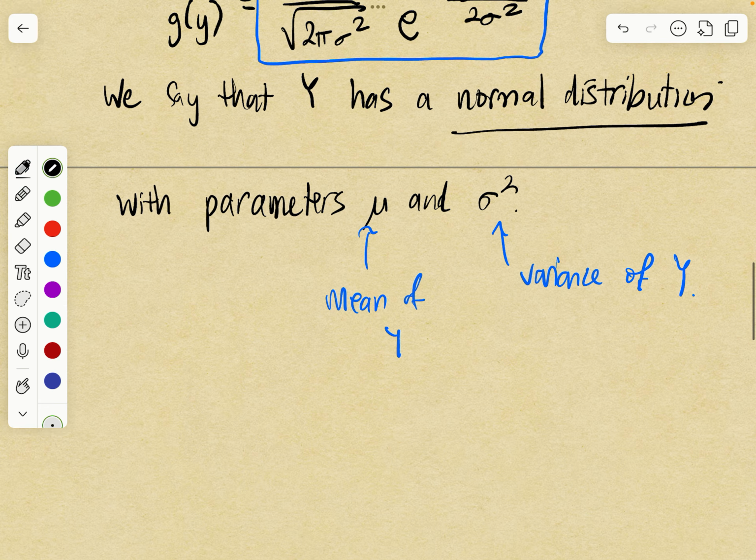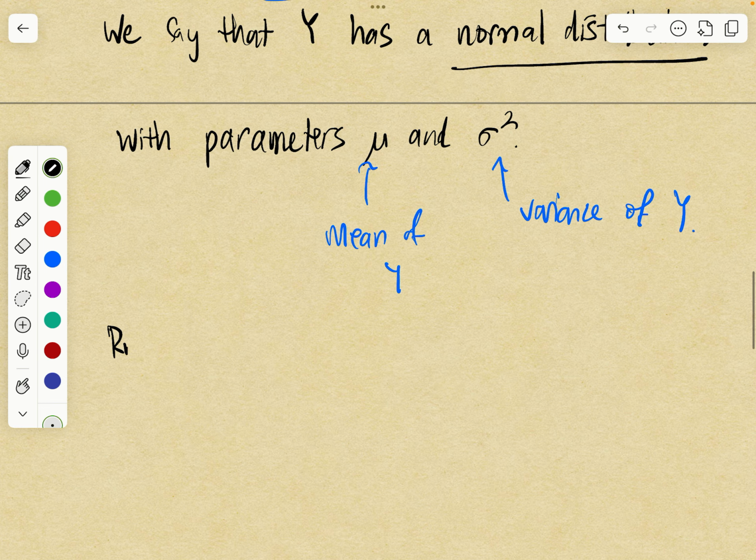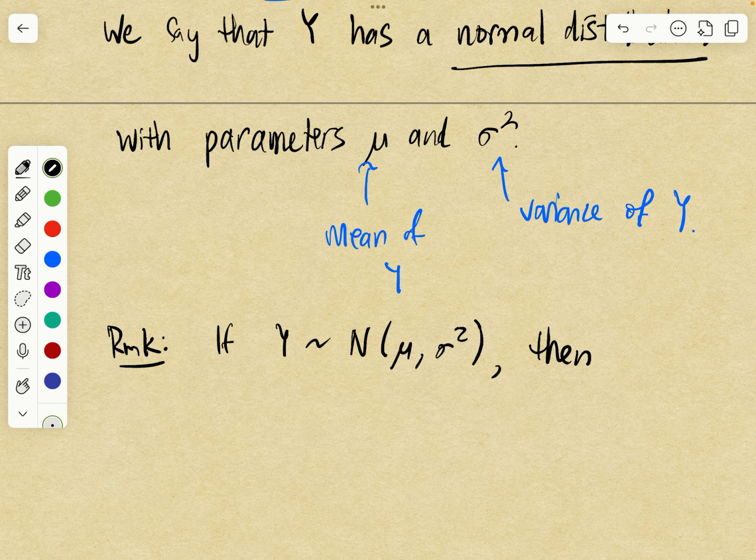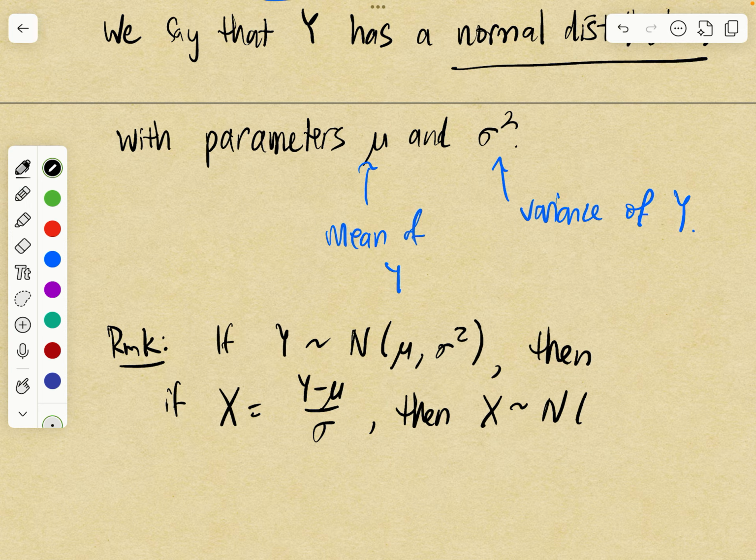We can go backwards. Just one final remark is that if y has a normal distribution, which I'll write like this, N of mu, sigma squared, then if we define x to be y minus mu over sigma, then x has a normal distribution with mean 0 and variance 1.